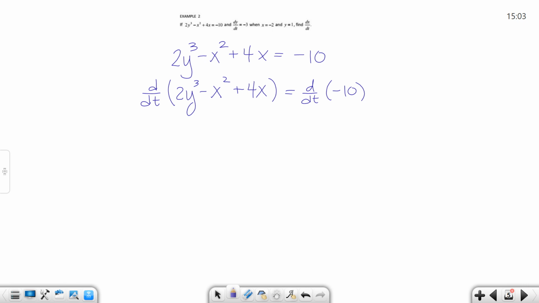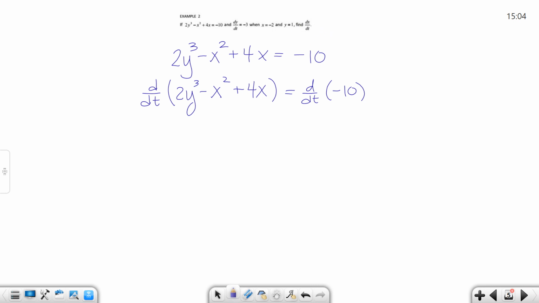Take the derivative of both sides with respect to t. You'll say, now how do you know you were taking it with respect to t? If you look at the problem, it's asking you to find dx dt. So that's how I knew I was taking the derivative here with respect to t.